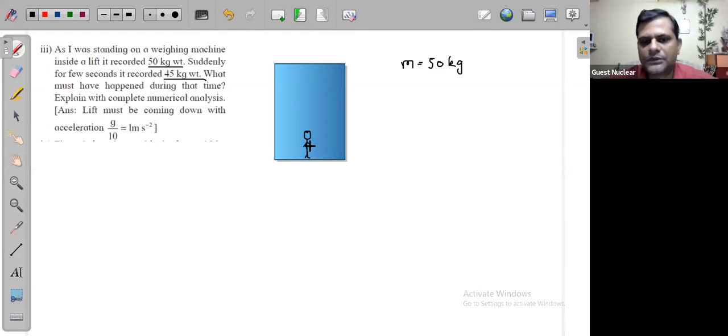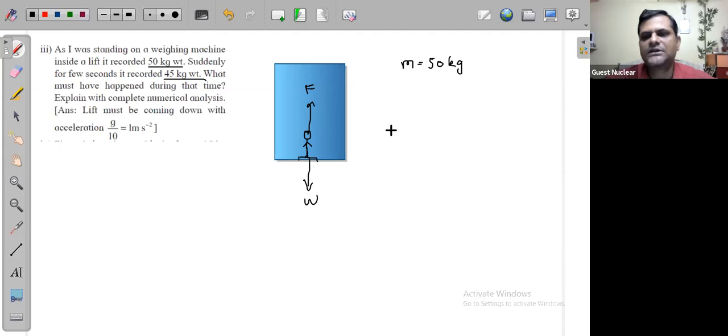Suddenly कुछ समय के लिए ये weighing machine जिसके ऊपर वो person खड़ा है, वो 45 किलोग्राम weight दिखाता है. इसका मतलब there must be a pseudo force acting on the person in the upward direction, such that its weight has been reduced. Normal weight of the person is already acting in the downward direction, but due to the pseudo force, the effective weight will be decreased.